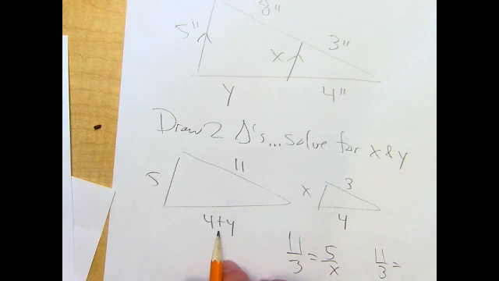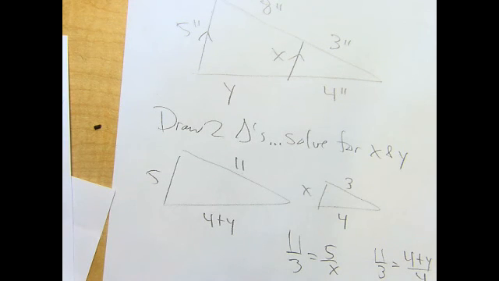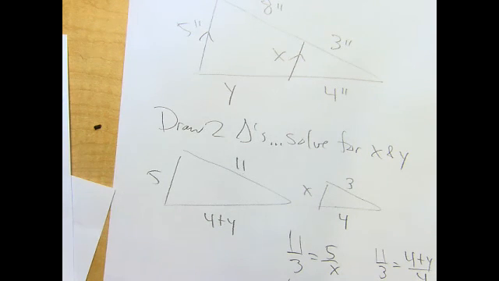equals, sorry, 4 plus y over 4. Okay. Come out to kind of weird fractions. Should have got 15 over 1 and 4/11. And then this is like 11y equals 12 plus 3y minus 3y over.